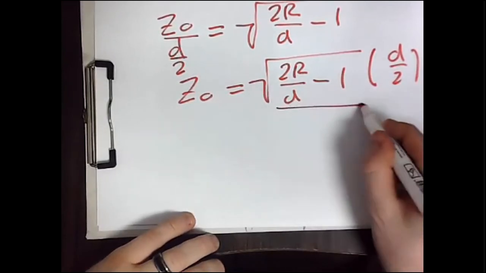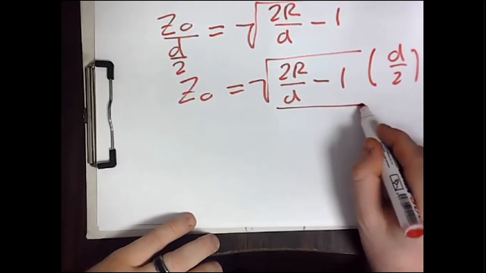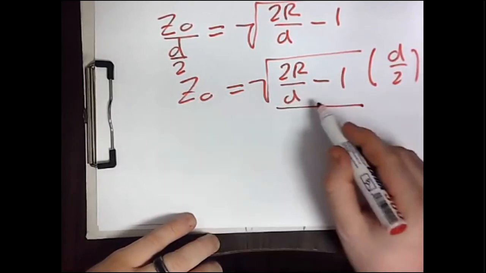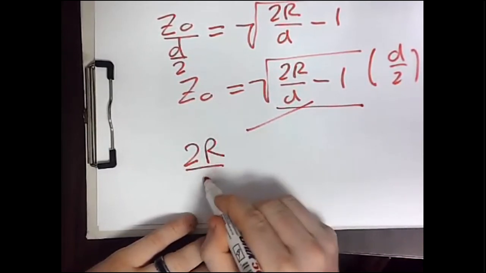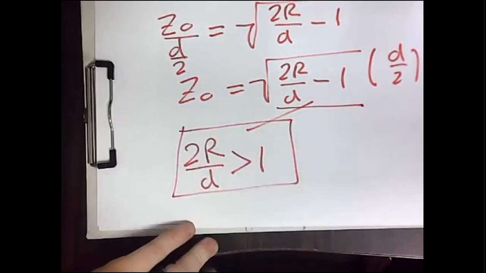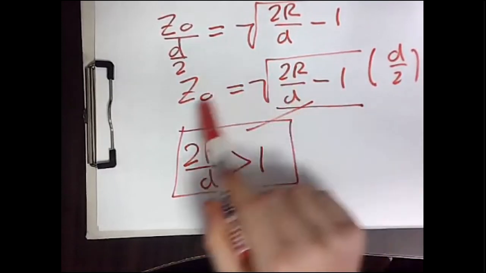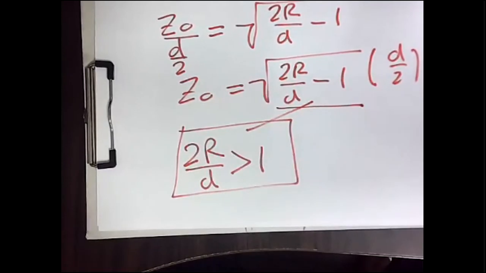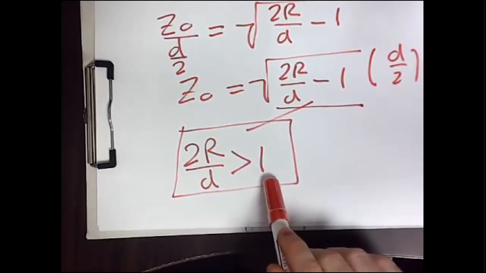Accordingly, this square root should be real, so the condition is that 2R over d should be greater than 1. This is the condition of resonance. To have a real Z node, you should design your cavity so that 2R over d is greater than 1.